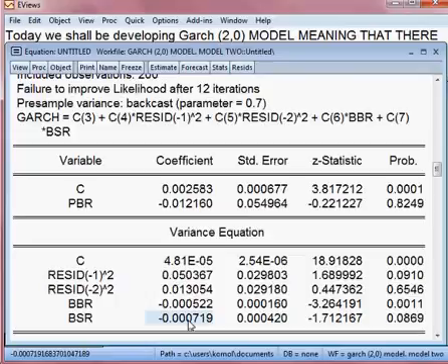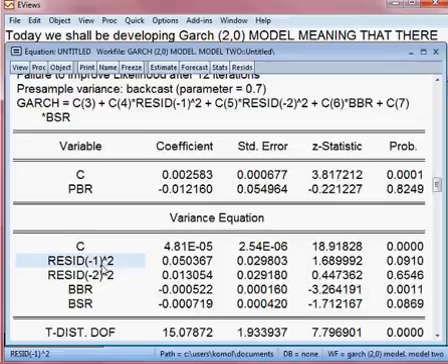Okay, so this is my GARCH model. Now here I have no GARCH effect. Here you can see there is no GARCH effect, only two ARCH effects.